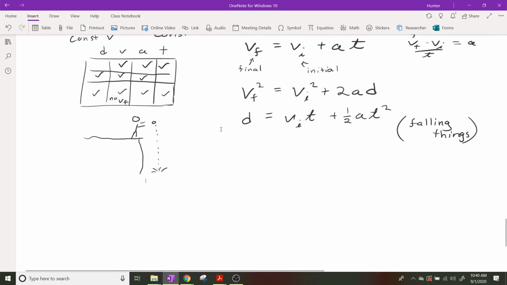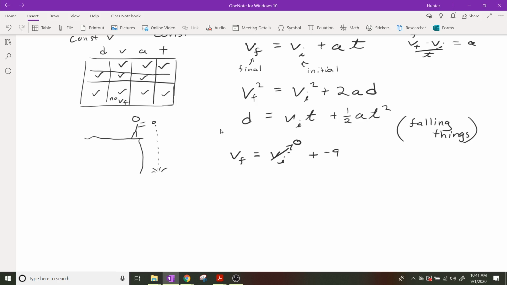So if we use that top kinematic equation, I'm getting ready to use an expo marker for my screen. That's not a good idea. If we use Vf equals Vi plus at, we know that the final velocity is what we're looking for. The initial velocity is 0 because we're dropping it, and it's going to be falling for 1 second.